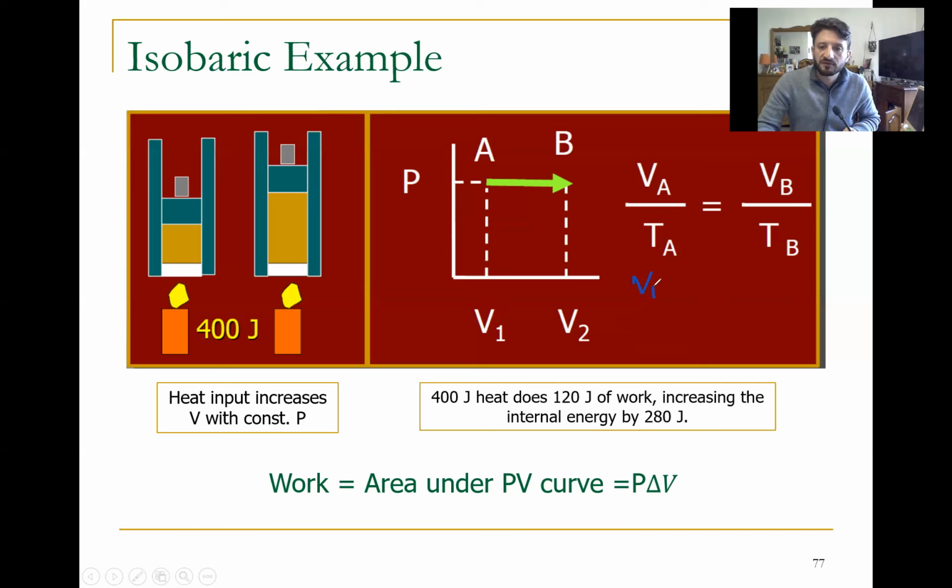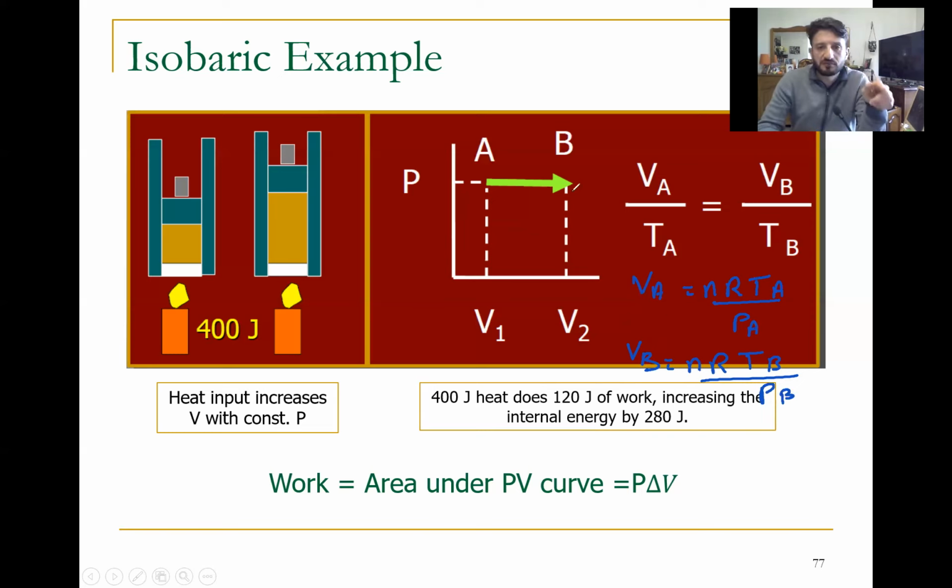We can say VA equals NRTA divided by PA, and VB equals NRTB divided by PB.